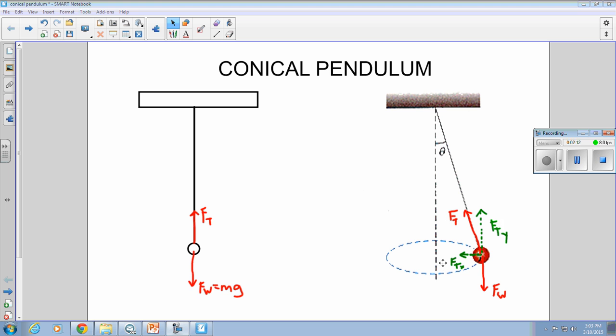Now, those are some of the forces that are acting, and the center-seeking force is defined as the tension in the x direction. That's the center-seeking force, or the centripetal force in the case of the conical pendulum.